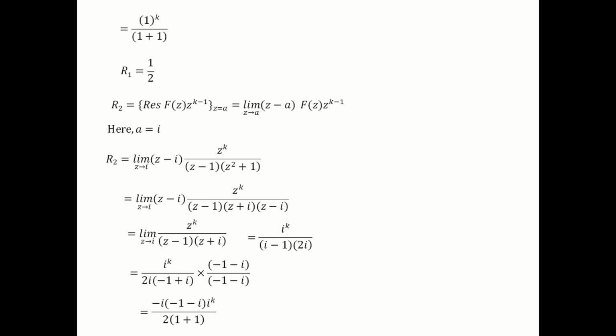So minus i into minus 1 minus i, i power k, by 2 into 1 plus 1, right? Because 1 by i is nothing but minus i. You can take it like that, right? Because we are multiplying minus i in the numerator by minus i in the denominator.